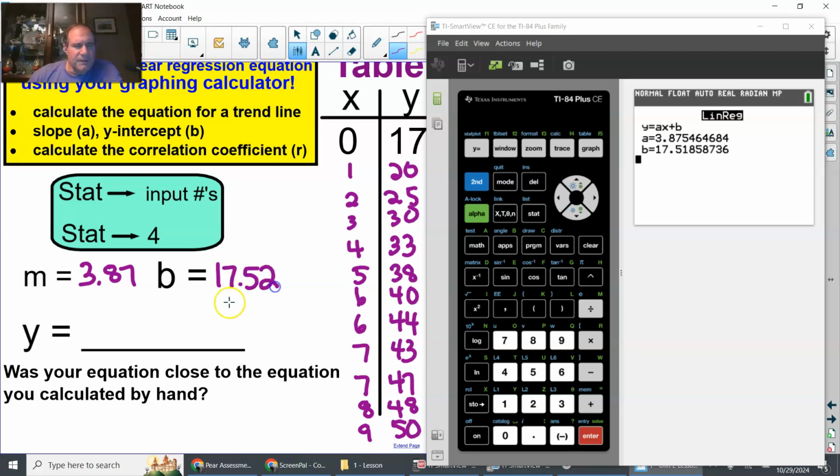So y equals mx plus b, the linear regression equation, is y equals 3.87x plus 17.52.